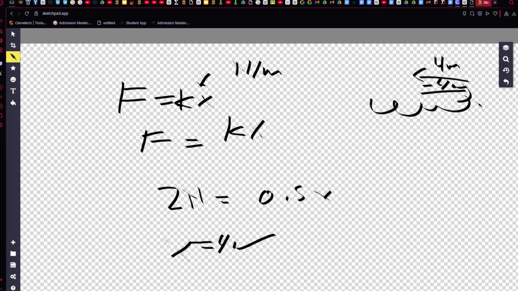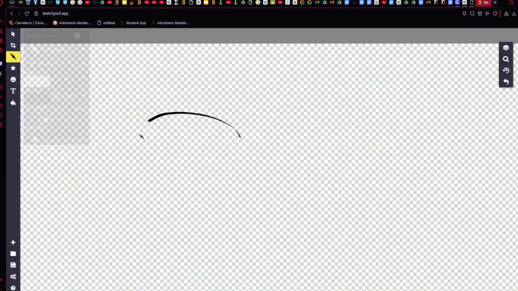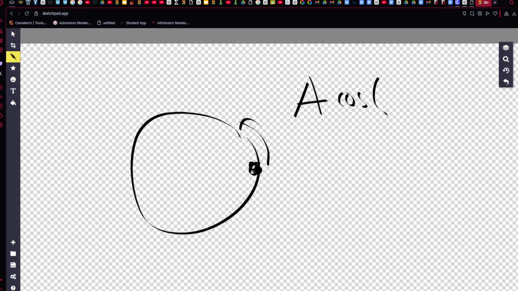The other stuff is just relationships between sinusoidal functions and waves. So for the position function, let's take an object moving around in a circle. This will be equal to A cos θ. Remember θ is ωt, so it's going to be A cos ωt, relating the omega to an object moving in circular motion.